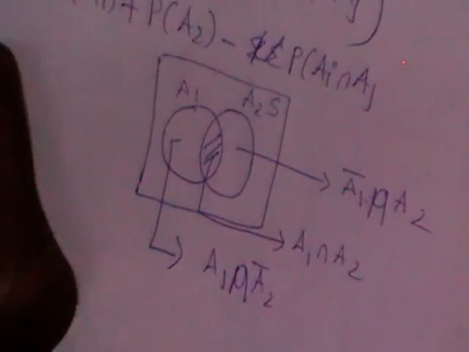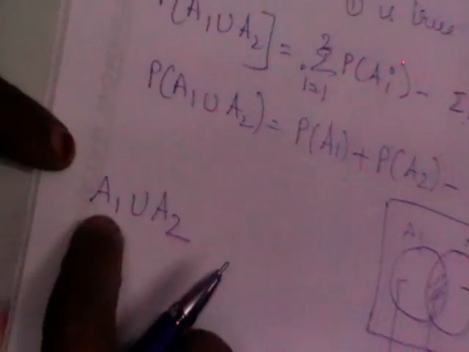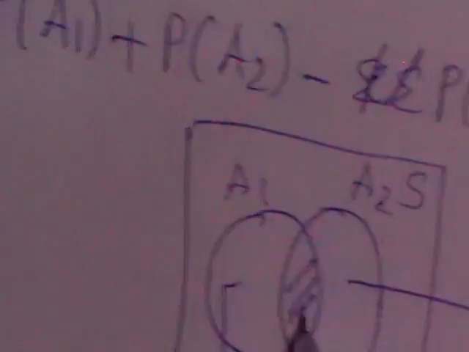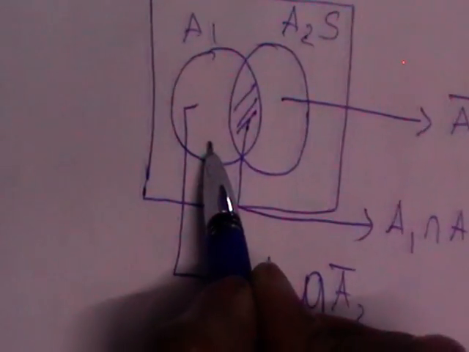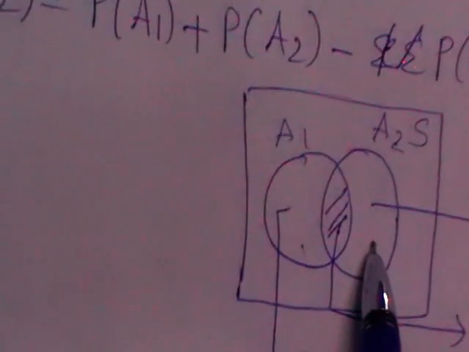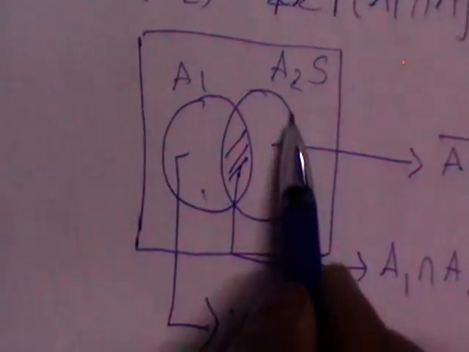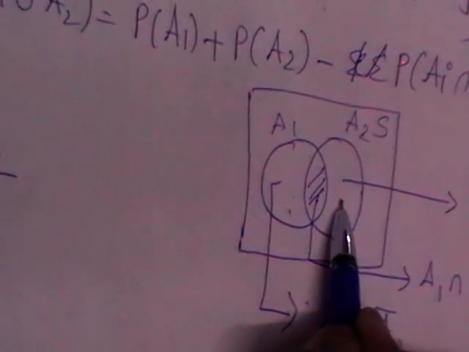Now, if I want A1 union A2, what do you mean by A1 union A2? The entire part together, A1 intersection A2, A1 intersection not A2, and not A1 intersection A2, is called A1 union A2.